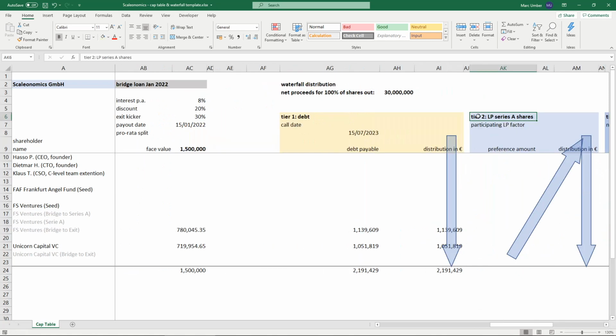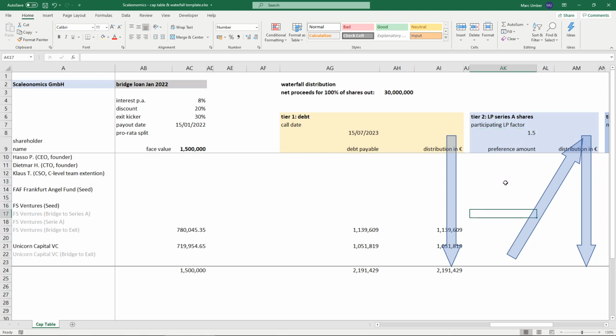The next step is the tier 2, where we deal with the Series A preference shares. And these preference shares come with a participating liquidation preference at 1.5x. So a factor of 1.5 on the total money invested during the Series A shares as a preference amount.